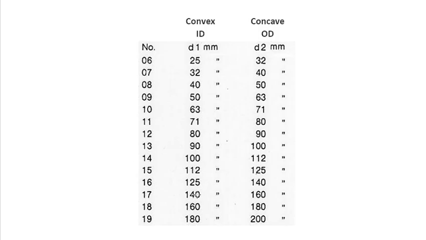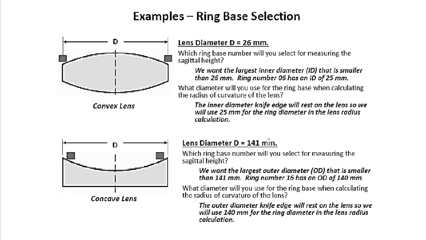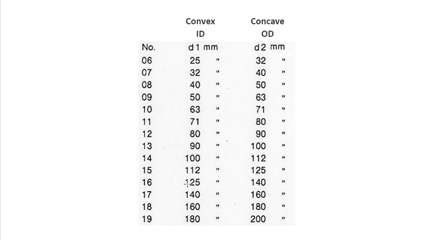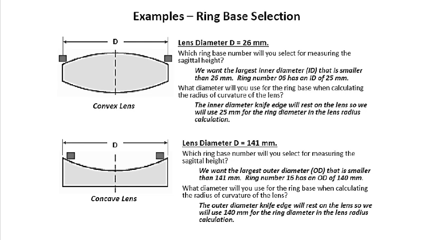So when you go to 141, we see this, 140. So we're going to come back into here, that's 141. So that number is going to be, yes, when you look at it, it's a 17, yeah? So ring base is going to be, I don't know why they're writing here on 16. Oh, wait a minute, sorry about that. This is a concave lens.